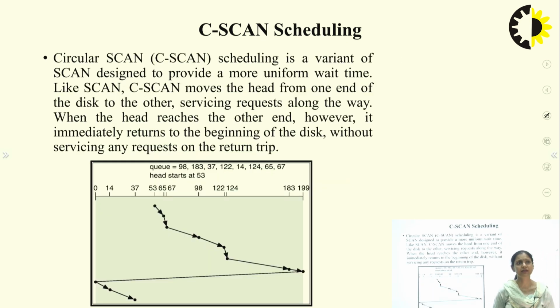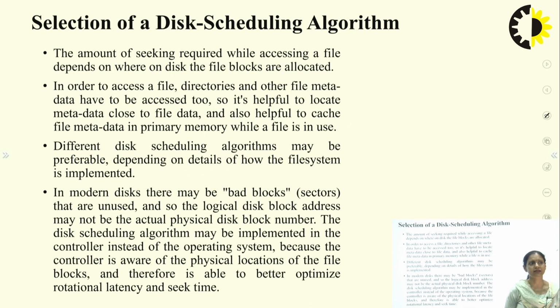In C-SCAN scheduling, it will first go to the last, and then it will not service anything on the return; it will come to the first position at the top and again start traversing the data. That is the difference between SCAN and C-SCAN.